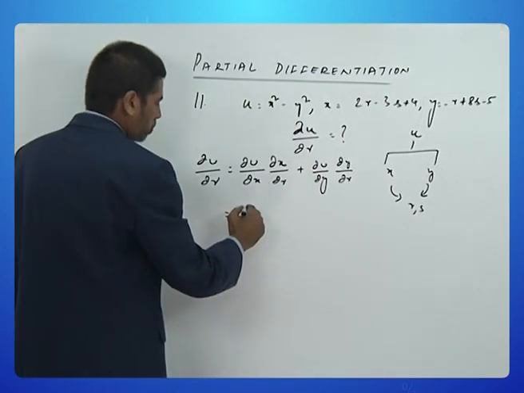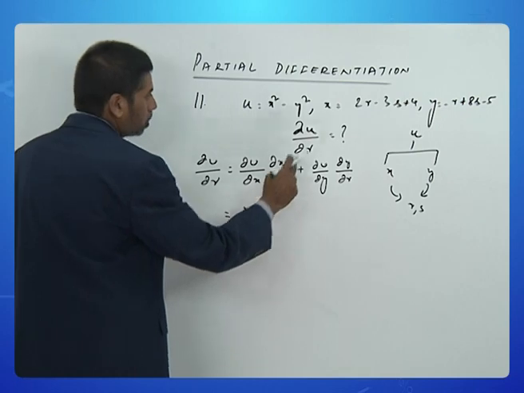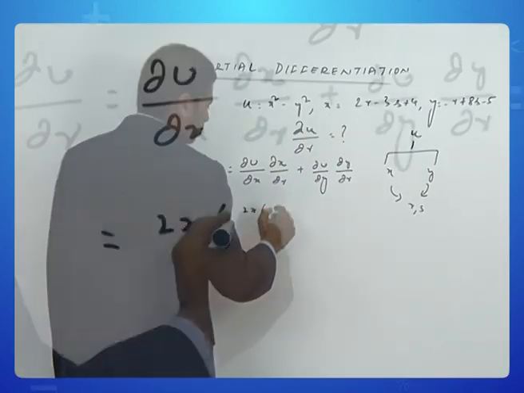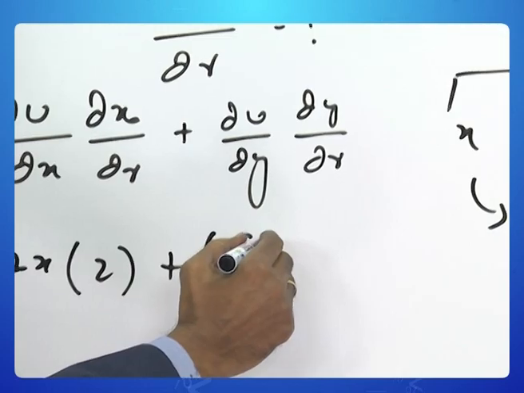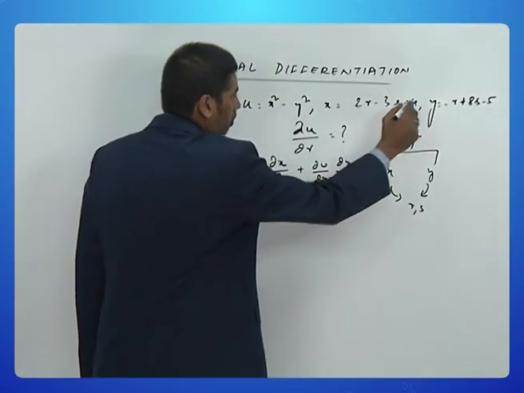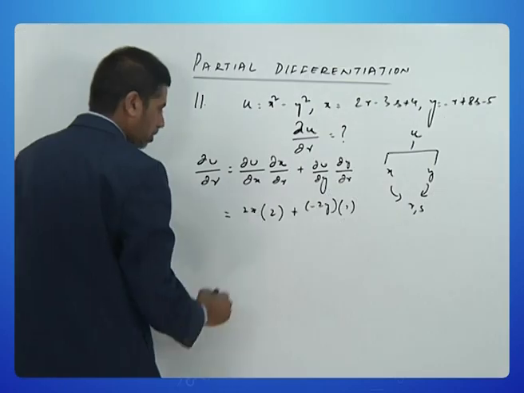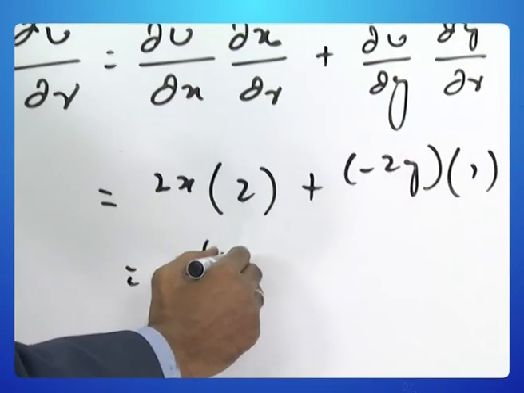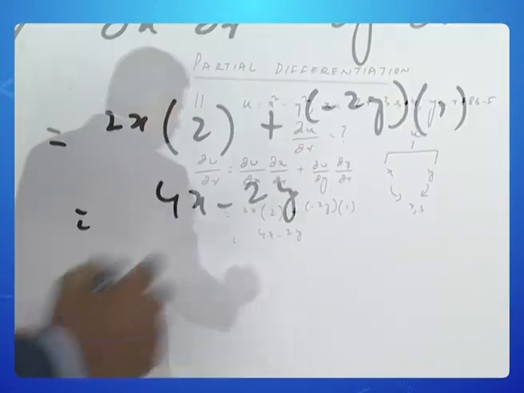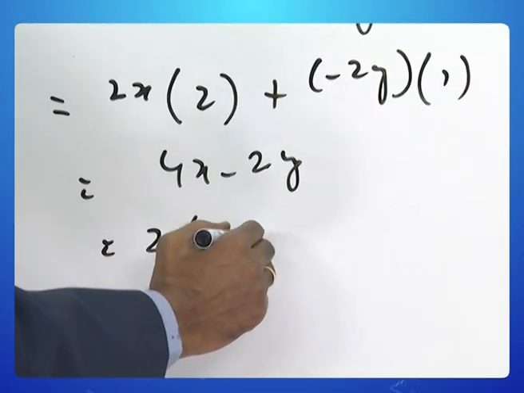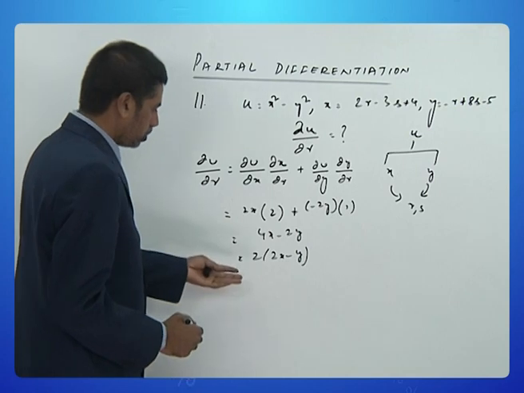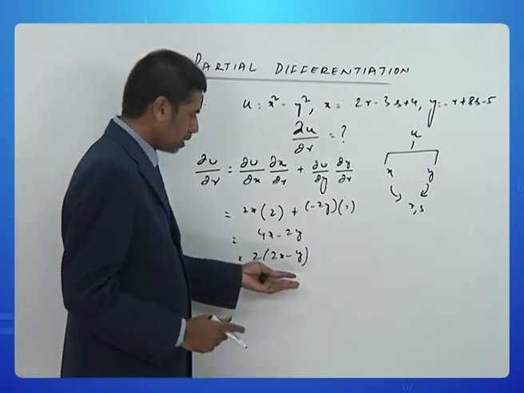Dou u by dou x is 2x, dou x by dou r is 2, dou u by dou y is minus 2y, dou y by dou r is minus 1. So we'll have 4x minus 2y, which is 2 into 2x minus y. There are two things you can do.